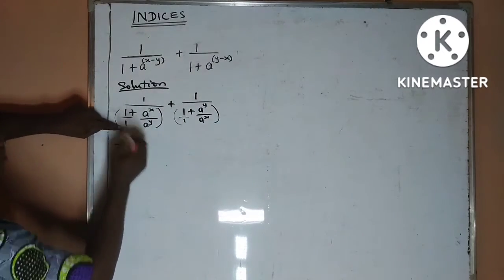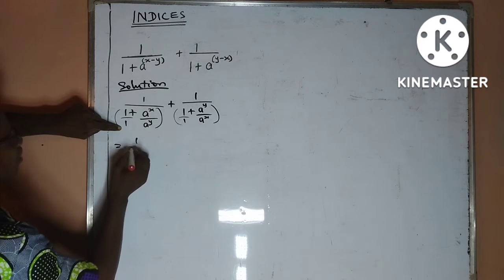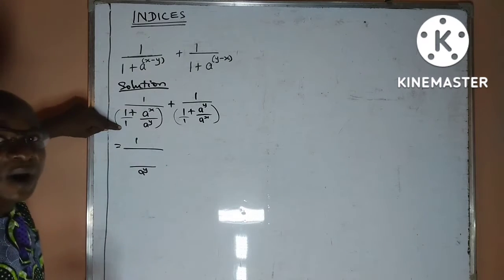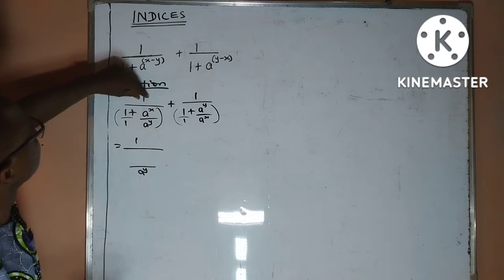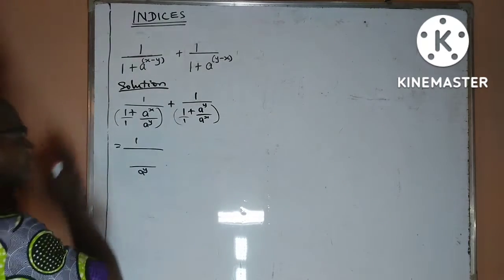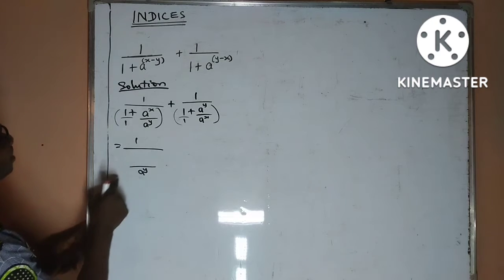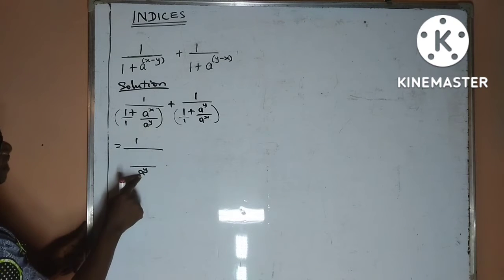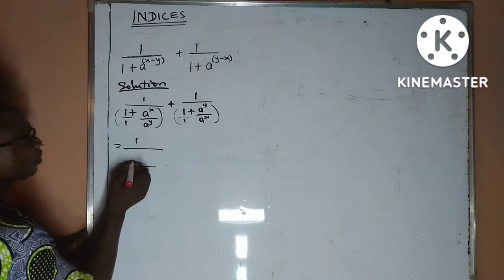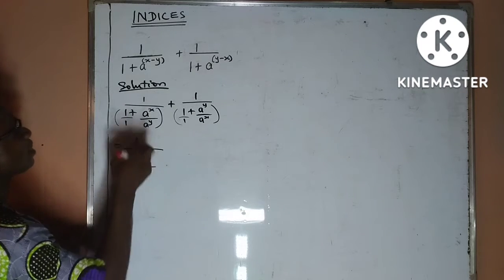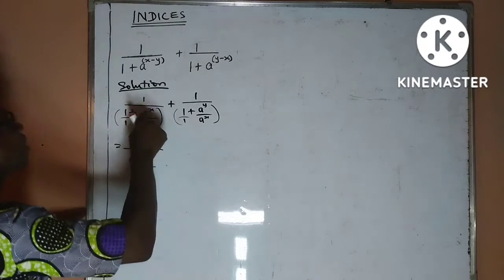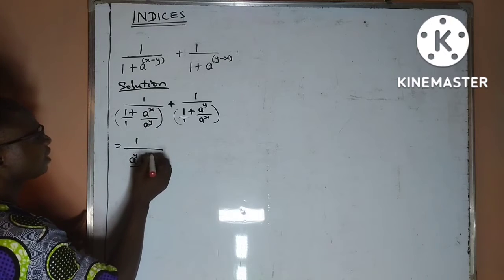That means from the denominator, I will now have the LCM. My LCM at the denominator is a raised to the power y for the left hand side. So I'm solving the denominator side from the left hand side. 1 divided by a raised to the power y will give me a raised to the power y, multiplied by this one will give me a raised to the power y, plus a raised to the power y divided by a raised to the power y will give me 1, and 1 times a raised to the power x will give me a raised to the power x.